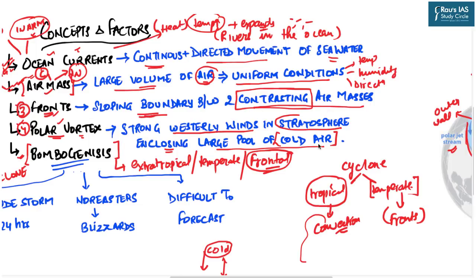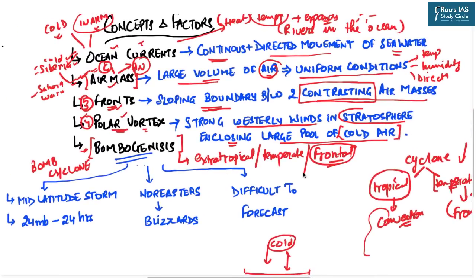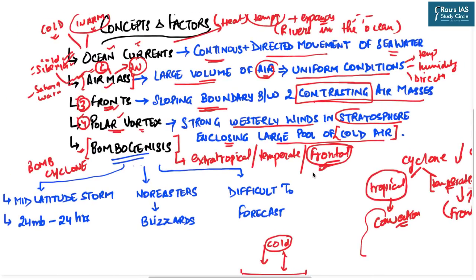So obviously these fronts will be developed in the temperate areas in the middle latitudes, because only in those areas can air masses be of contrasting nature, one from the polar side and one from the subtropical side, that is cold and warm. Clear? So again, bomb cyclones are frontal cyclones. This means that these cyclones can be developed only in the mid latitude region, and only due to the formation of fronts.